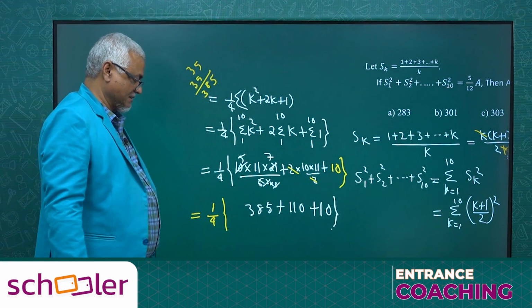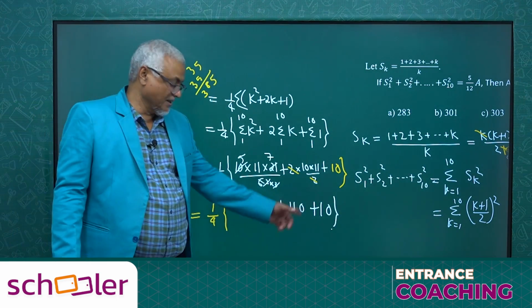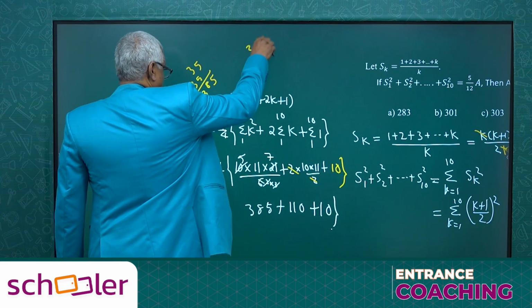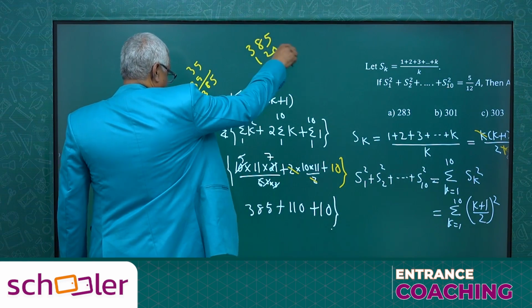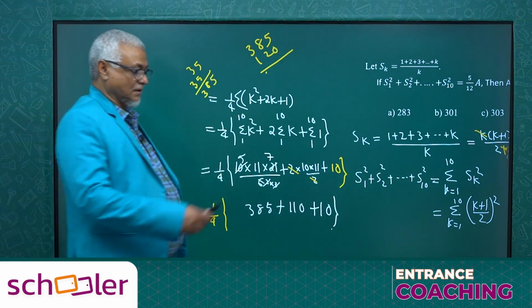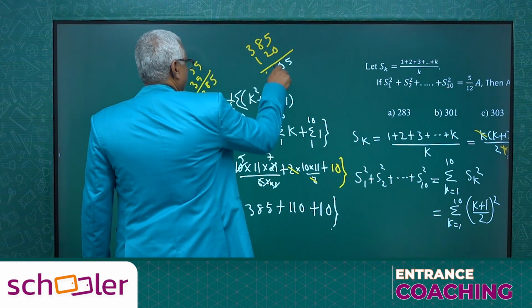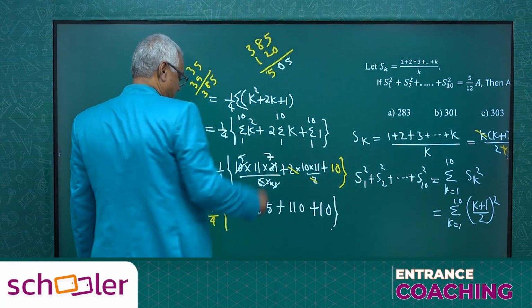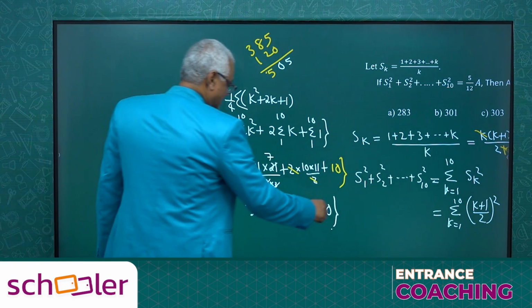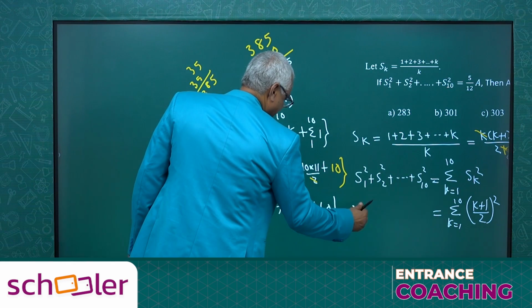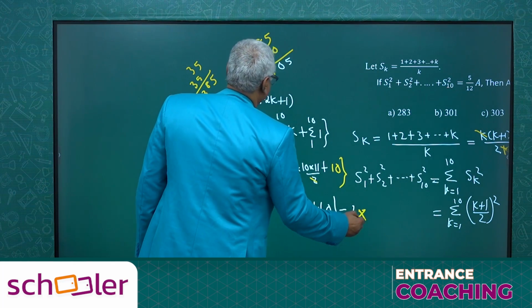Come on, do it. 120 plus 385. 385 plus 120. Okay, sum this. 505. This is 1 by 4 times 505.